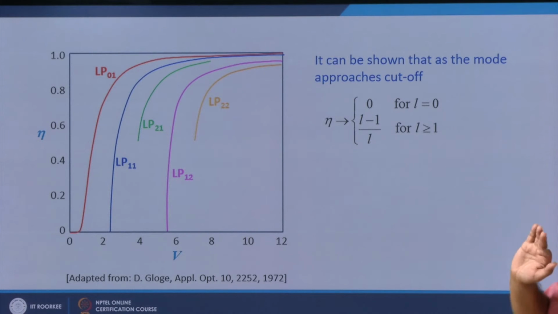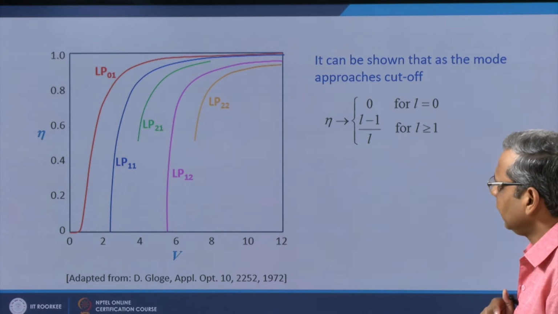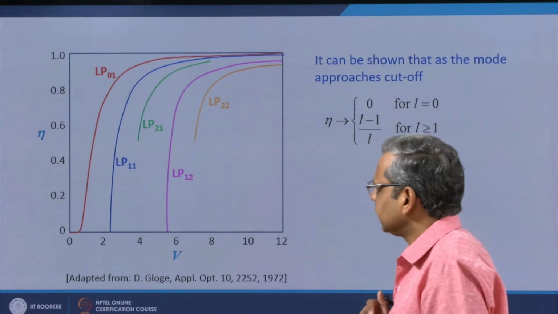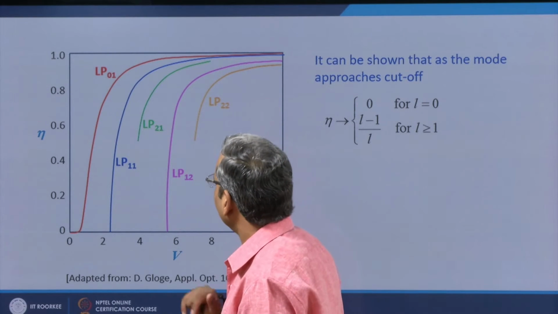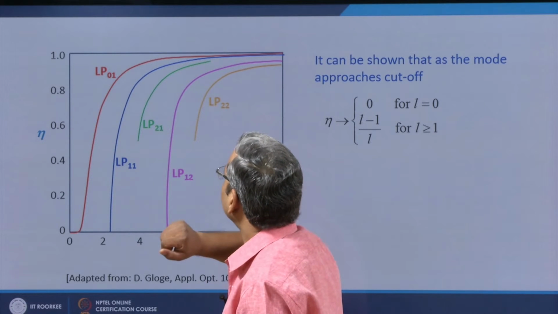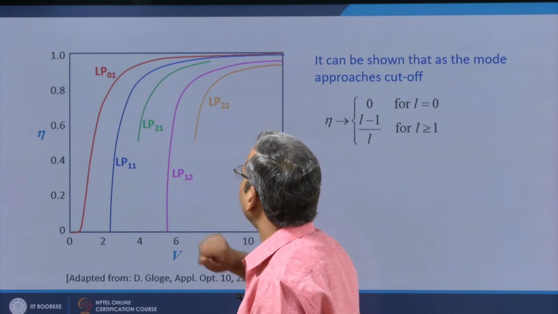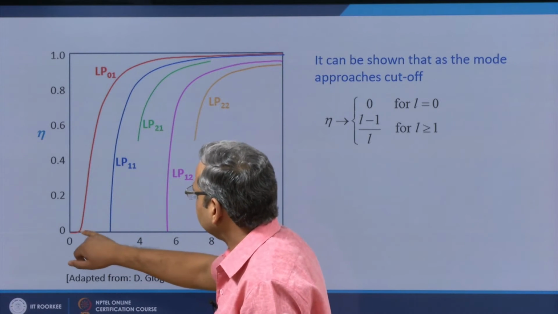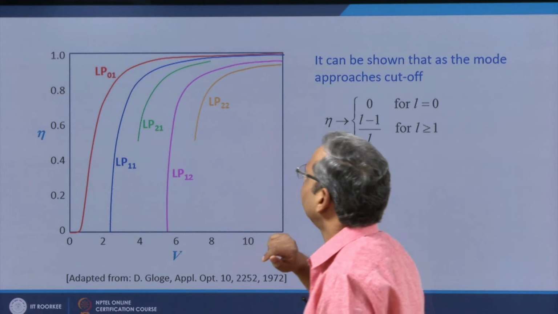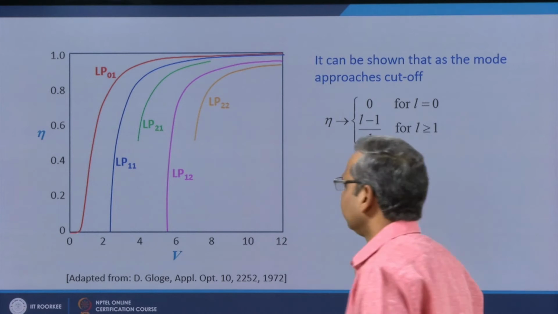This is a very simple observation here. Another thing that I see is that for LP01 mode and LP11 mode, LP12 mode, this starts from 0, while for these modes this starts from 0.5.